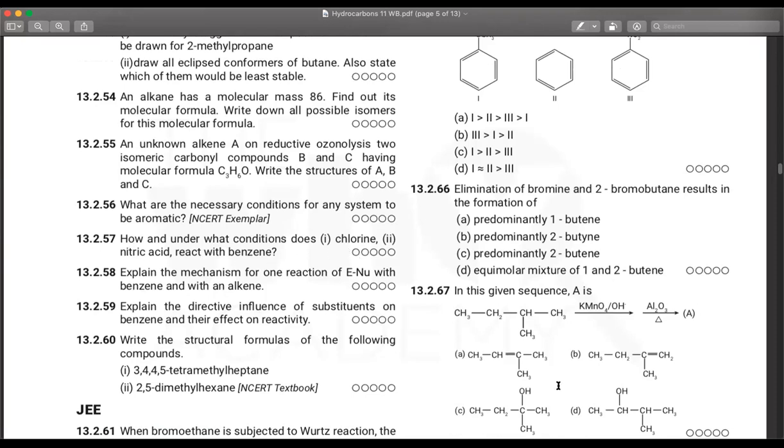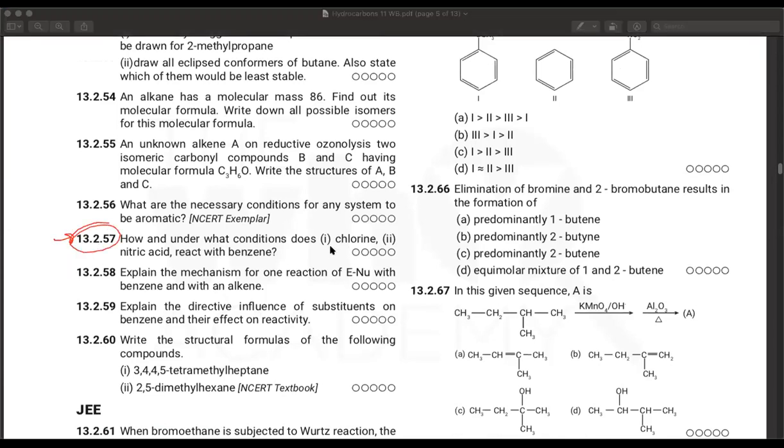Oh, there you go. Look at 57. How and under what conditions does chlorine react with benzene? First let's answer for chlorine and then discuss nitric acid.